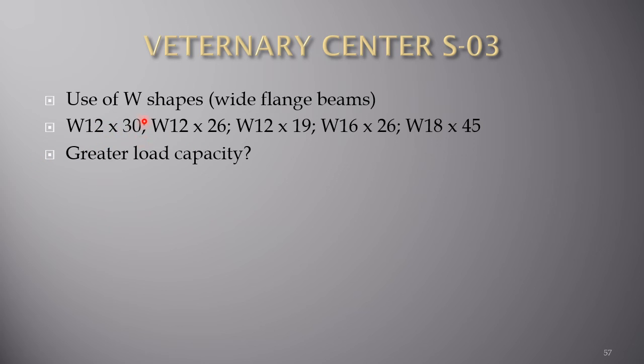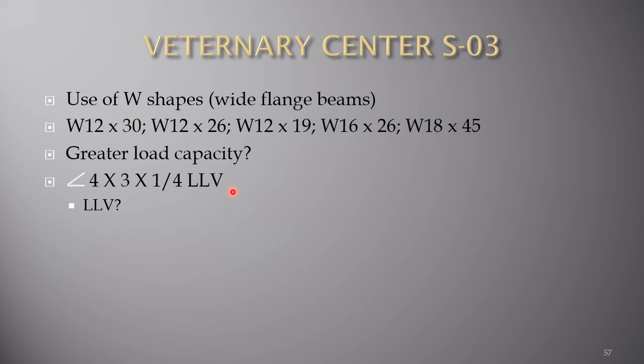The different sizes will give a greater load capacity, and that's why they're used in different areas. You'll also notice that there is a reference to an angle, a 4 by 3 by 1/4, and there's a label called LLV. The 4 indicates the length of one leg, the 3 indicates the length of the second leg, and the 1/4 is the thickness of the steel.